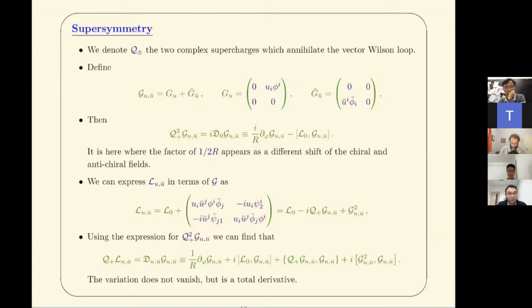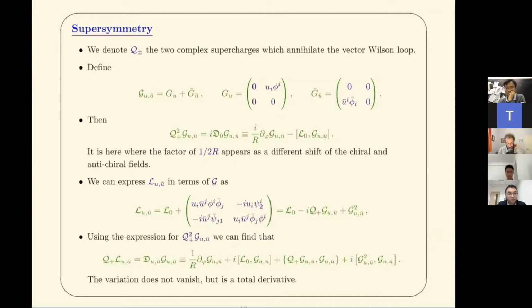So using that, if I write Q acting on this, I can massage it into a covariant derivative with this connection. Here I had a derivative and a connection with L naught. Here I modified it to a derivative with a phi and this combination, which is this new L.